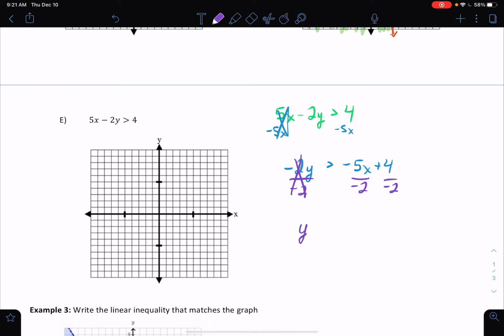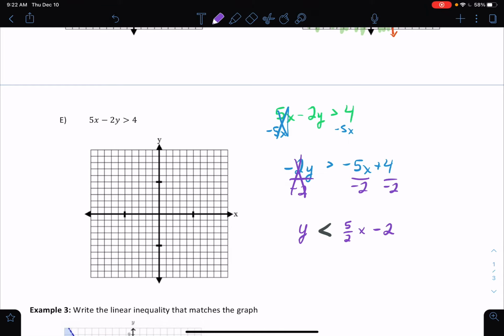So I get y, and then what did we do? We divided by a negative. So what do you need to remember to do? Flip your inequality sign. Your slope is negative 5 over negative 2, which simplifies to 5 halves x. And then your b value is 4 divided by negative 2, which is minus 2.